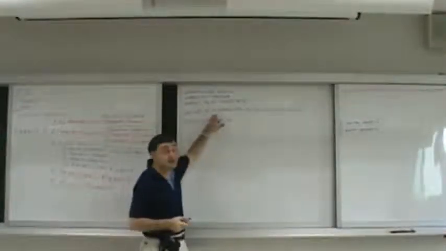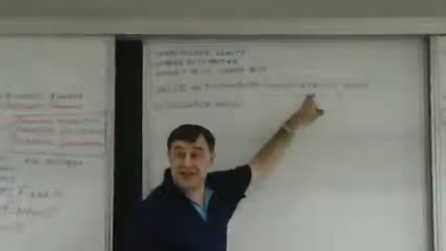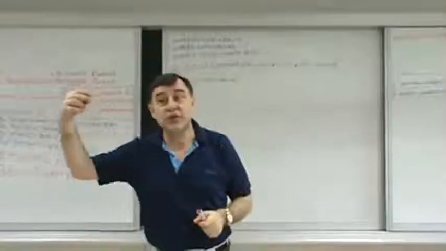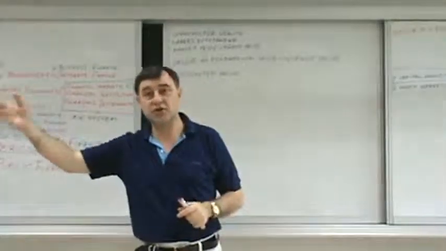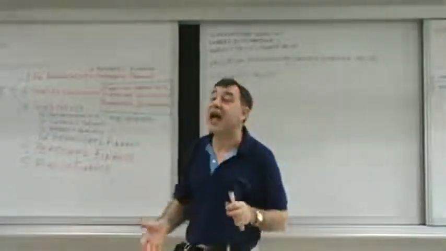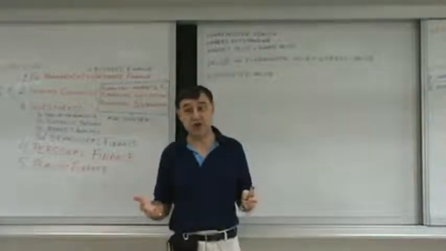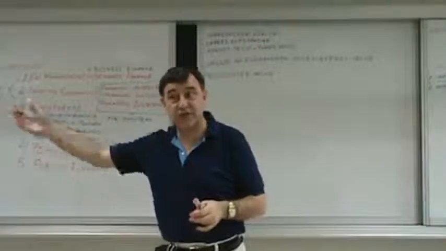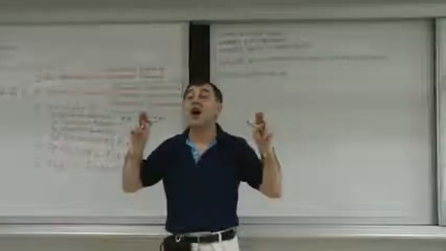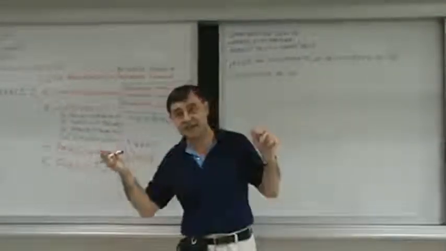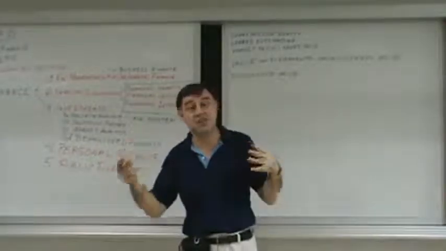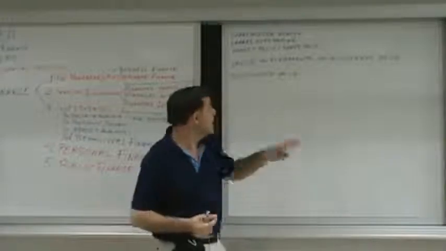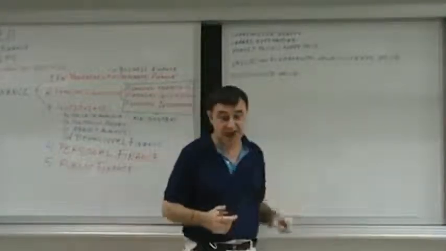So fundamental value and intrinsic value are all associated with all future cash flows. An asset is as good as its future cash flows, and its value is determined by all of its future cash flows, appropriately discounted, or discounted with the appropriate interest rate or rate of return. Okay? So these are all tricky, but basic and fundamental.